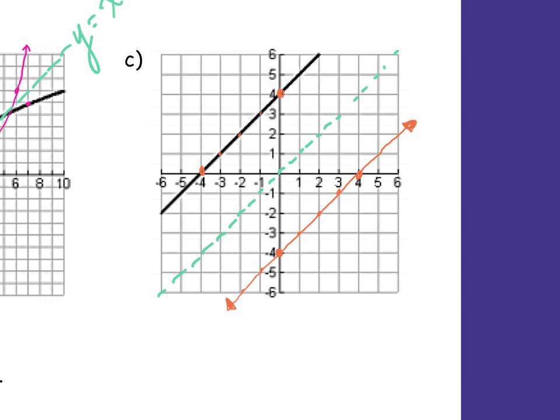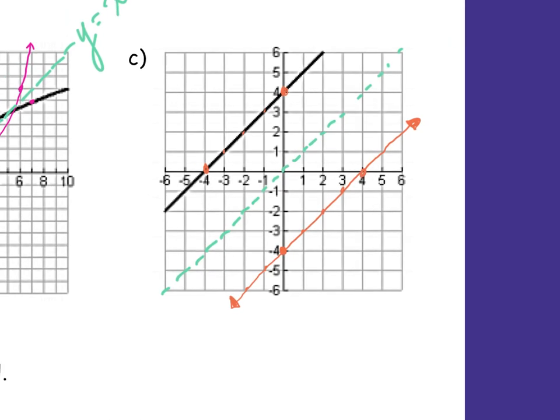The other one, the black line, you can't see my mouse making any difference at all. This line is the original graph. This line is the inverse graph. So this would be f of x, and this would be f inverse of x.